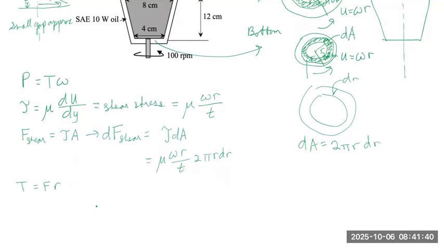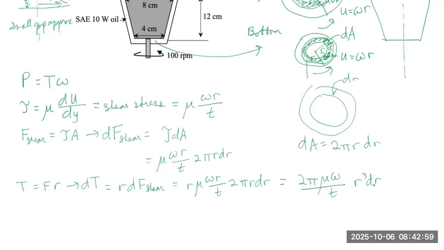So differential torque is equal to r times differential shear force, which is equal to r times mu omega r over t times 2 pi r dr. We can further simplify this to 2 pi mu omega over t times r cubed dr, because r is the only thing varying, but the rest are constants.